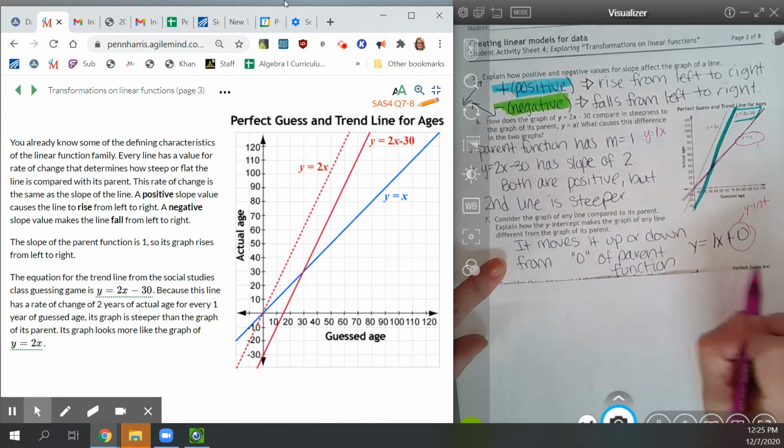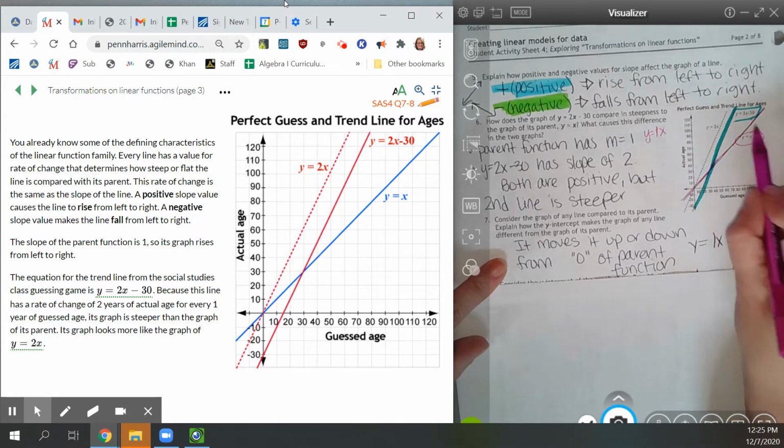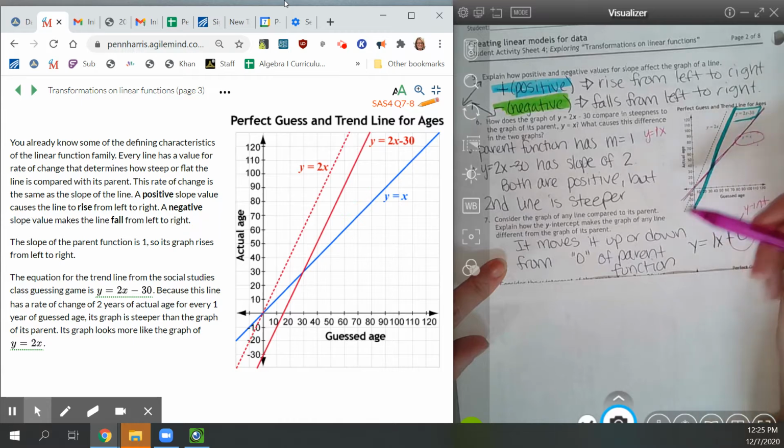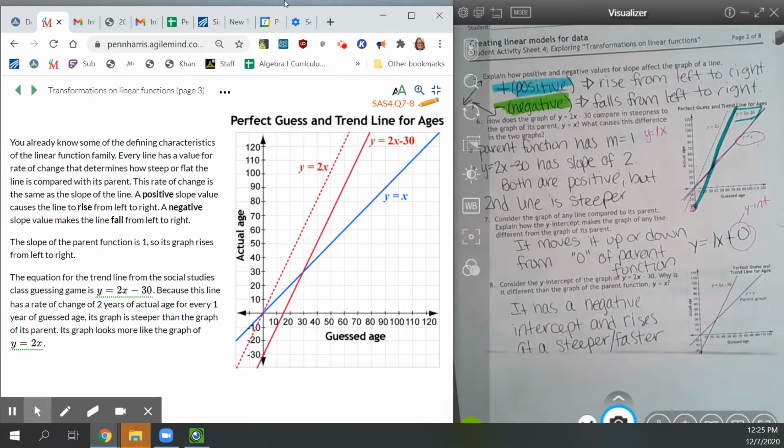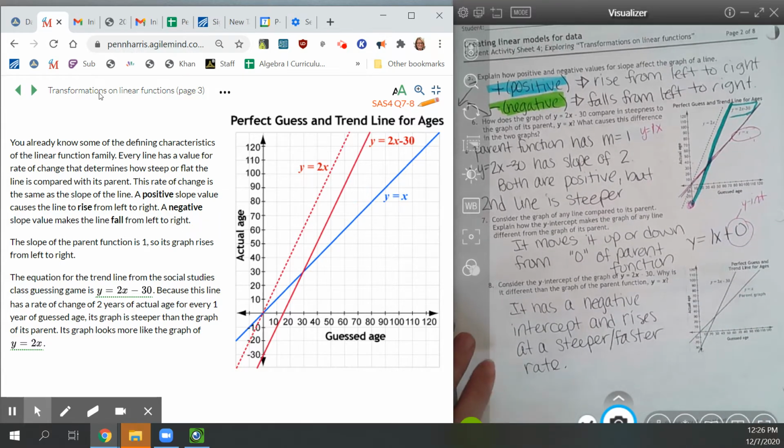In this function, it has a y-intercept of negative 30. It's down here. So that means they shifted the graph down 30 units. So let's compare the y-intercept. The y-intercept is negative. It is down 30 units. And then again, the slope rises at a steeper, faster rate.